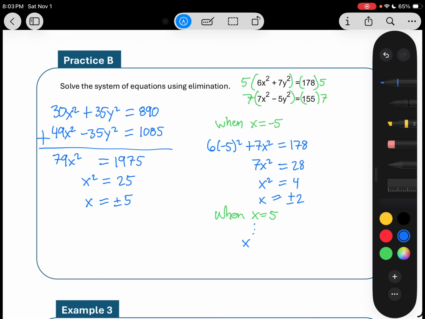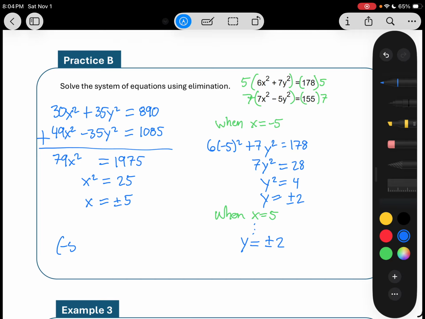Oh, let's see, I wrote x there. Sorry for that. That should be y on all of those. We found y is equal to plus or minus 2. So y squared. Okay, so for this one as well, we get that y is equal to plus or minus 2. So now we have 4 ordered pairs.